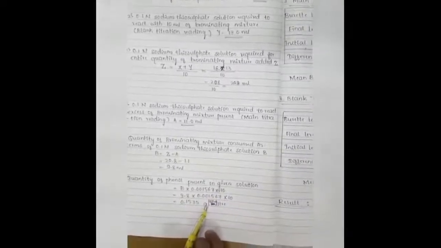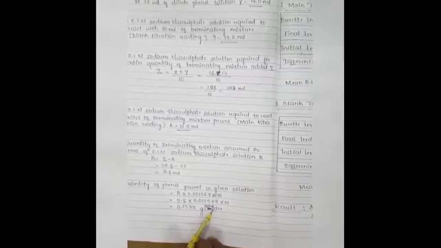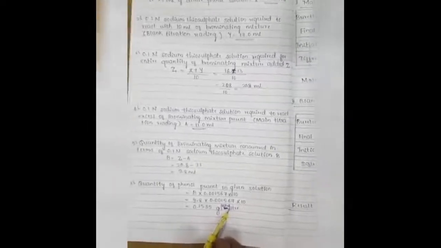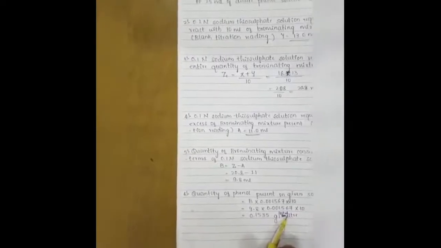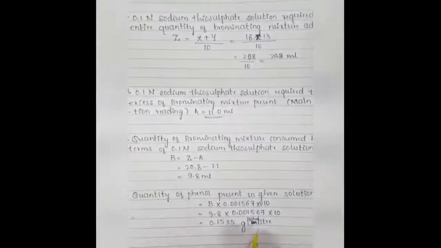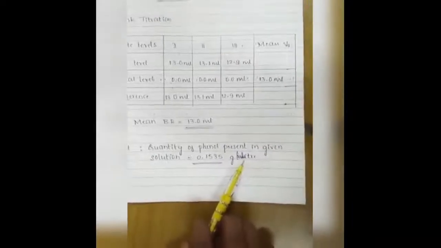That gives us 0.1535 gram per 250 ml solution. So the main aim of the experiment, how much phenol is dissolved in the given solution, is 0.1535 gram per 250 ml. The result is that the quantity of phenol present in the given solution is 0.1535 gram per 250 ml.